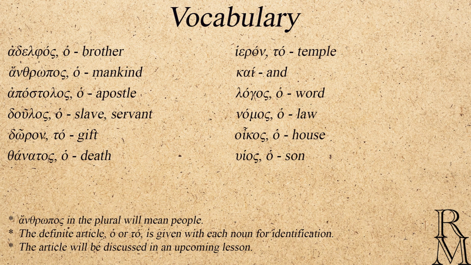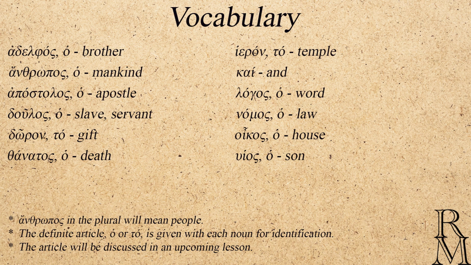And we'll give special attention to this in a couple of chapters, but unless that article is explicitly with the noun that is written, it is simply a brother. That article is given here as a way to help you understand which declension it is, and also whether it is masculine or neuter in this particular exercise.